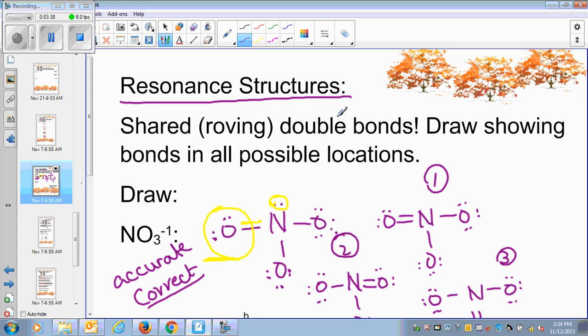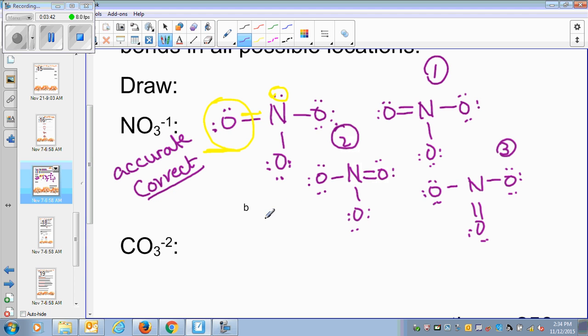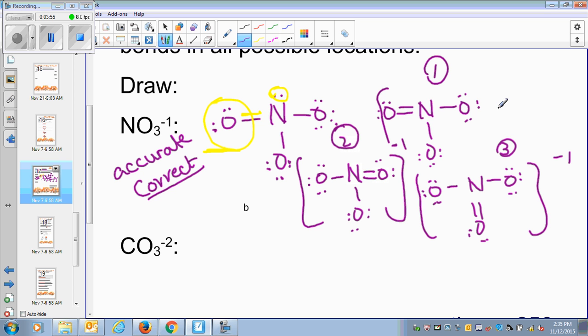They have the same formula, but the only thing is that the electrons are revolving around. So it can be with any of these. All of these are the resonance structures of nitrate. I should put them in parentheses. These are all correct Lewis dot diagrams of nitrate.